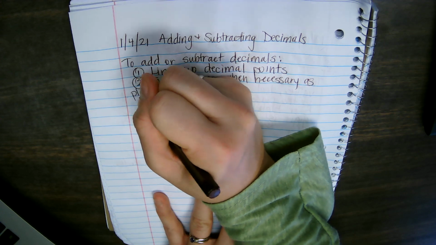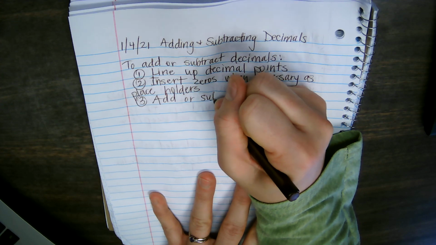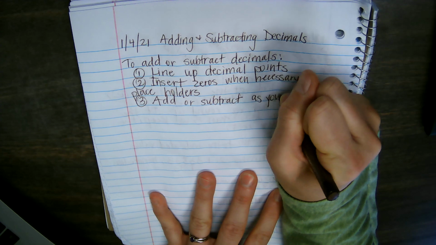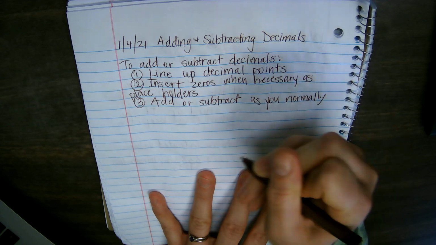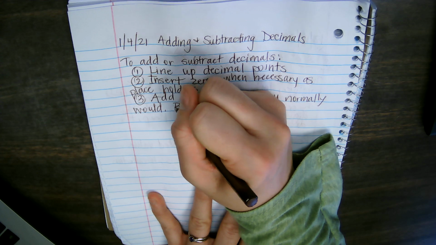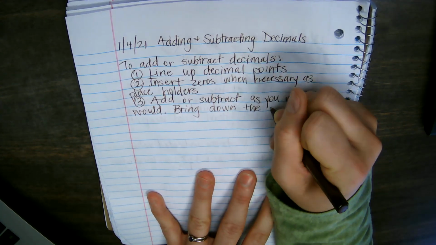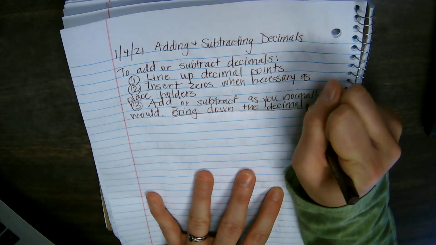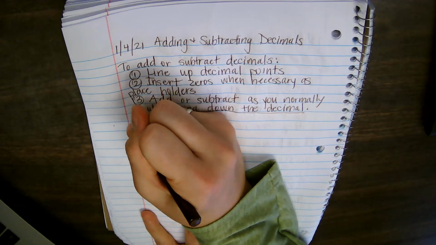And then, of course, you will add or subtract as you normally would. And it's always important to remember to bring down the decimal. Okay? So, here are some examples today.